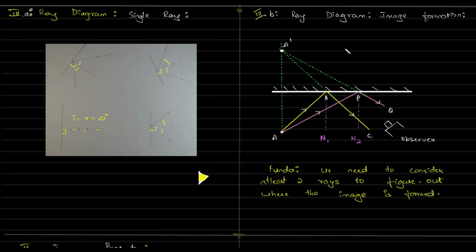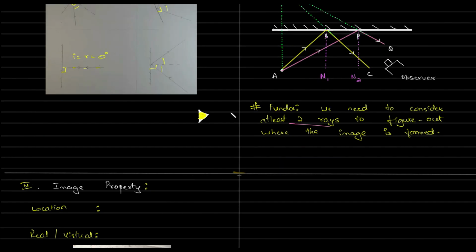Remember this, we need to consider at least two rays to figure out where the image is formed. If not, we will not be able to figure it out. We can take 3 or 4 also, it doesn't matter, we'll get the same answer. The point to take from this is we need at least two rays.